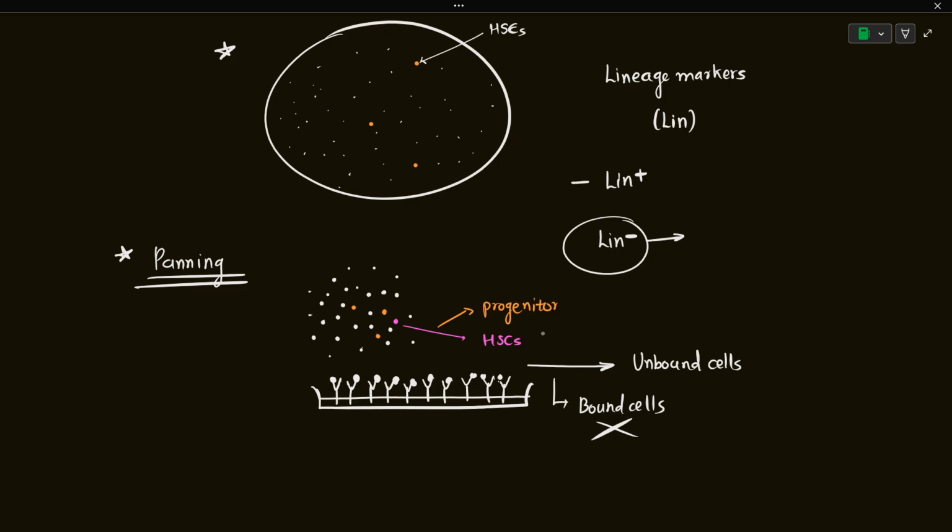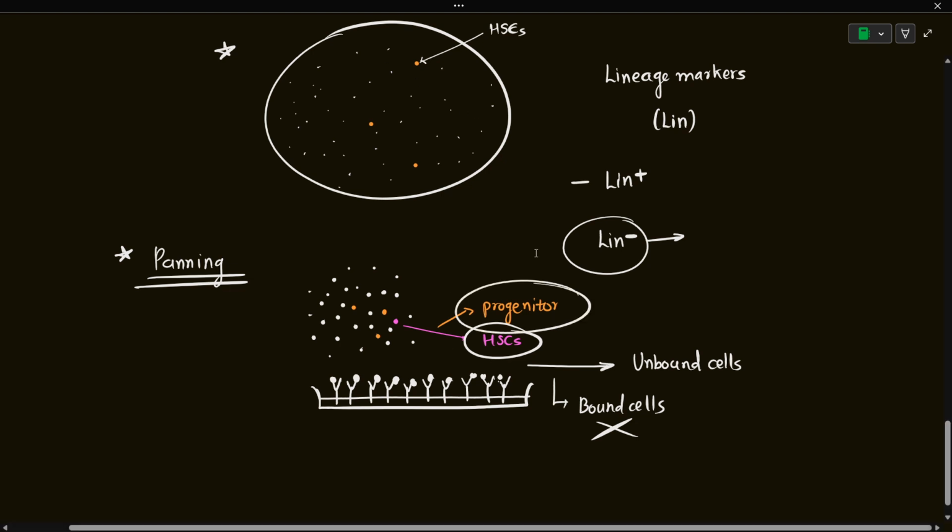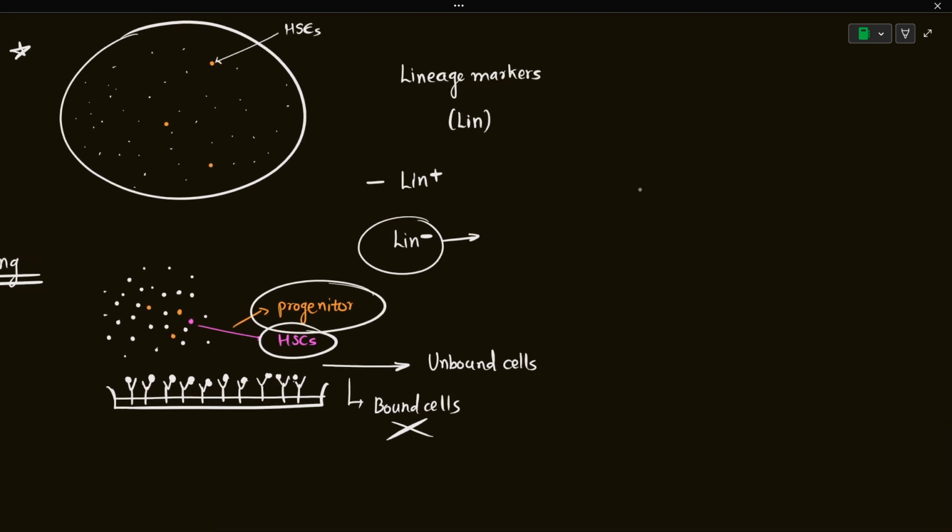When we have to differentiate between hematopoietic stem cells and progenitor cells, researchers did a lot of research, and they found that the hematopoietic stem cells express certain markers, which are CD34, SCA1, as well as c-KIT. These are the different surface markers expressed by the hematopoietic stem cells.